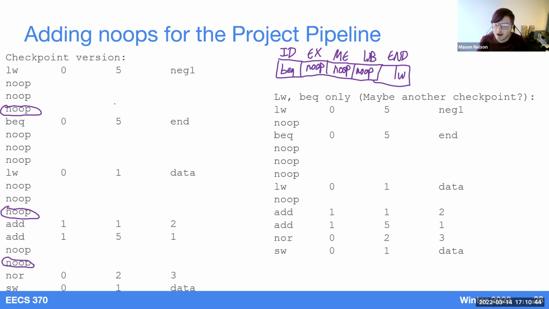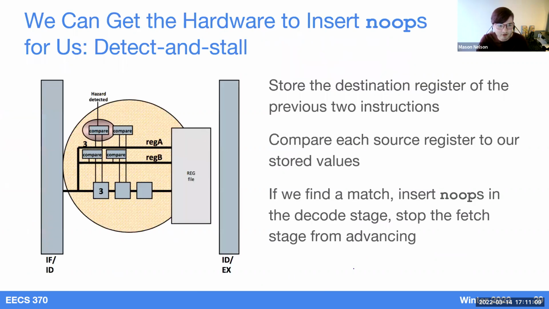All right. If you want to make your own checkpoint when you start implementing data forwarding, which I'll get to in a minute, you can take out most of these no ops. So for example, you might keep just 1 every time you have an LW followed by a dependent instruction. And that's because if we look at, well, let's see, do I have a slide for it?